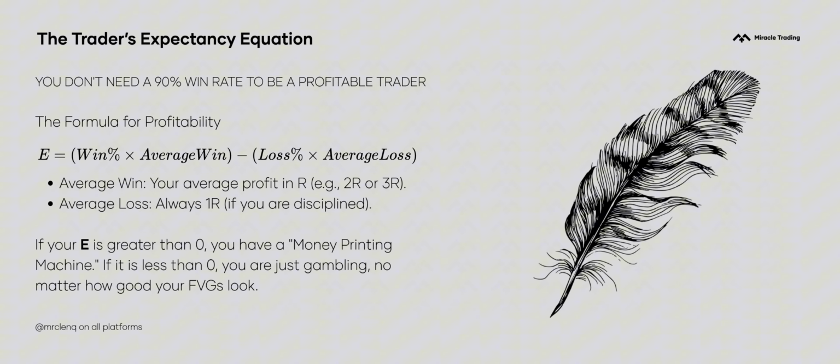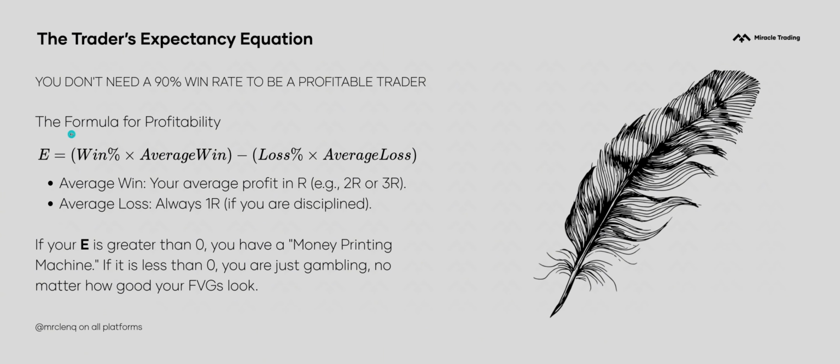The trader's expectancy equation. So this equation right here is very important, and I don't see a lot of traders talk about this because this simplifies how easy trading is, how simple trading is, but we're just making it hard for ourselves. So this tells us that you don't need a 90% win rate to be a profitable trader.